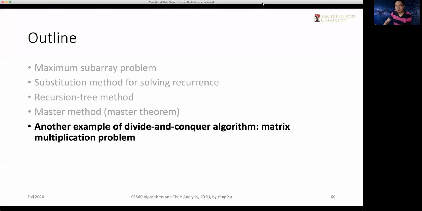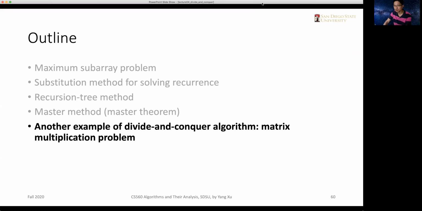And next, I will use the rest of our time to go through a very classical application of divide and conquer algorithm on the problem of matrix multiplication. Okay, because this problem is a very practical one.